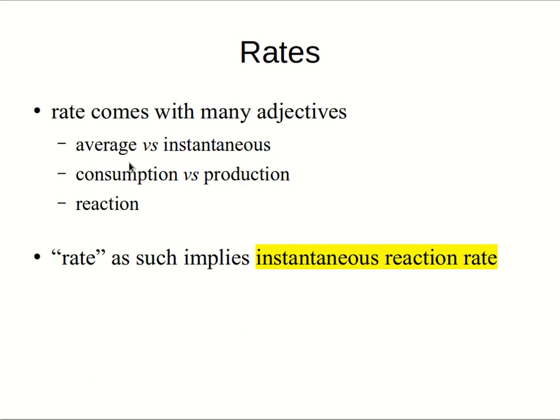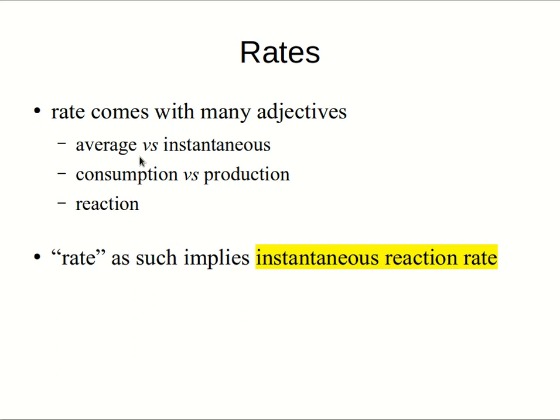The average rate is what you think it is, and the instantaneous rate also means what you think it is. So your instantaneous rate for your car is the speed on your speedometer. The average rate is if I go from place A to place B and I take the total distance divided by the total time. That's the average rate, right?